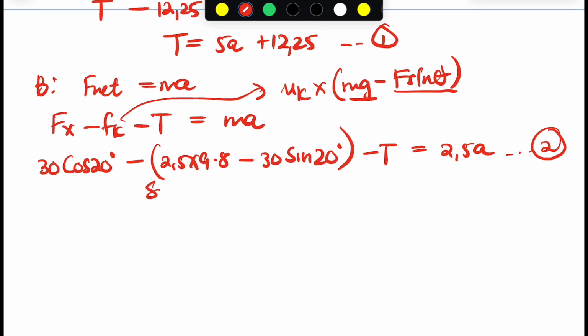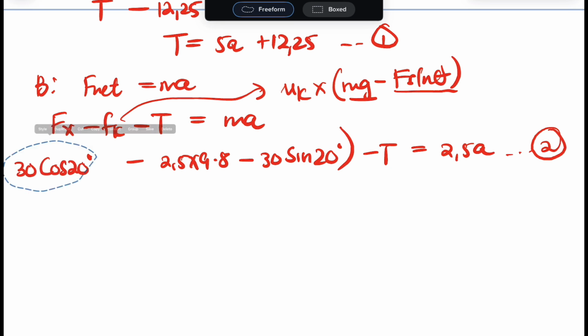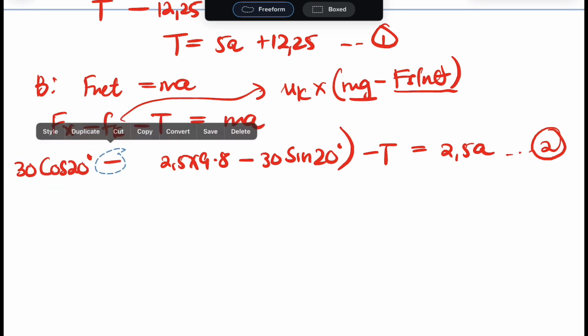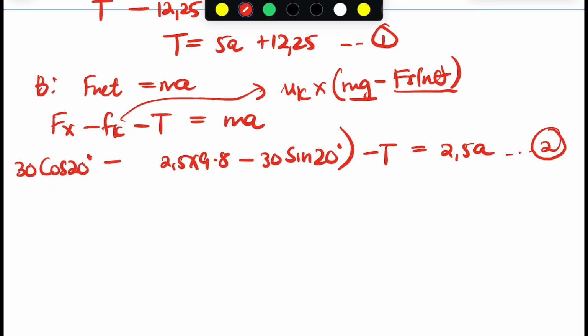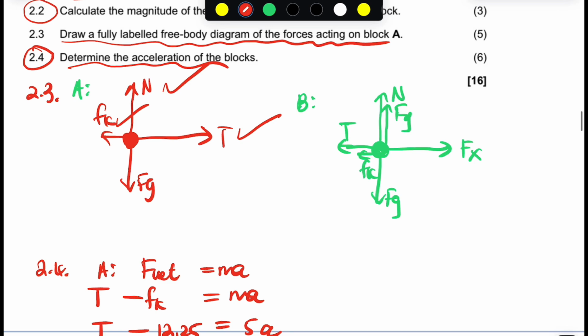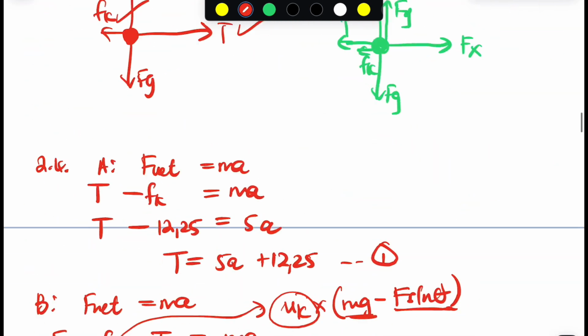So I'm going to substitute equation 1 into equation 2. I forgot this. This is what I forgot. I nearly forgot it. So let's move this to the side. So this is mg minus F sine theta. We forgot the mu k. The mu k is 0.25.